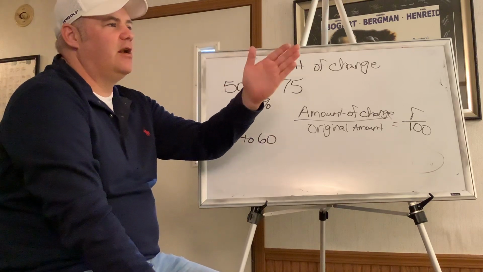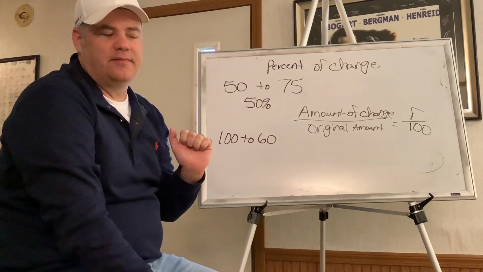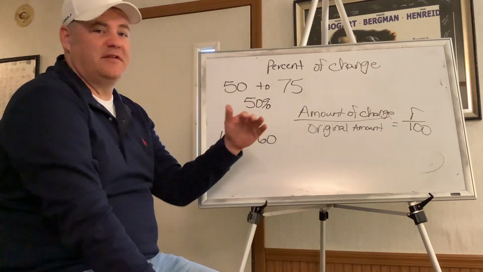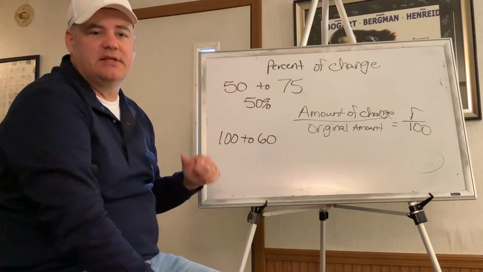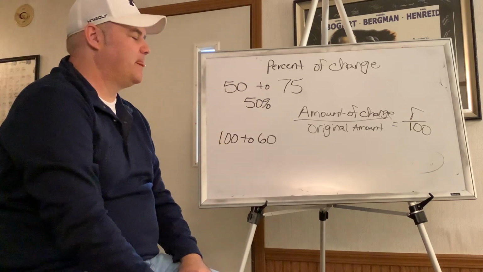That friend slows to 60. How much percent of change did they decrease? In this case it's a decrease.